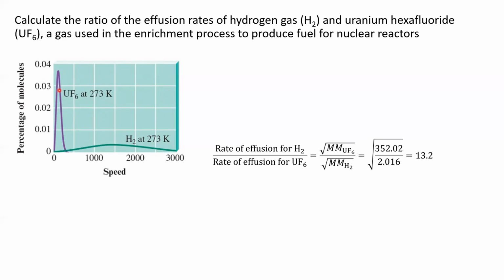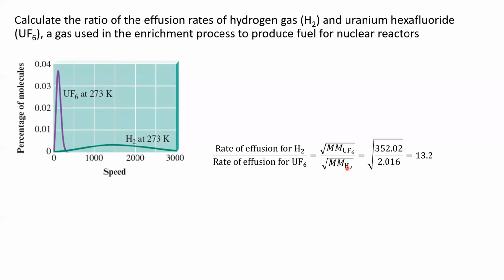So we'll make hydrogen gas A and we'll make uranium hexafluoride gas B. So the relative rate of effusion of hydrogen to uranium hexafluoride will equal the square root of their inverse molar masses. So uranium hexafluoride's in the denominator here, we're going to put it in the numerator here. And the hydrogen is in the numerator here, we're going to put it in the denominator here.